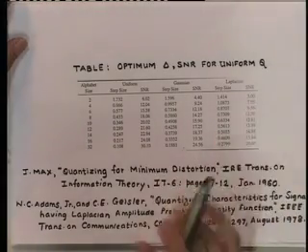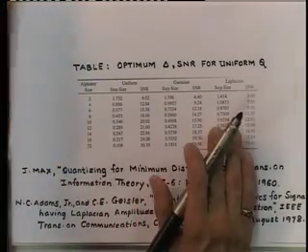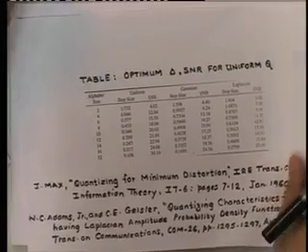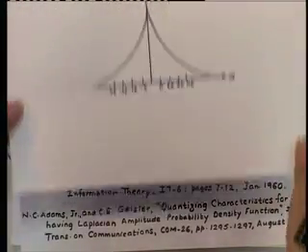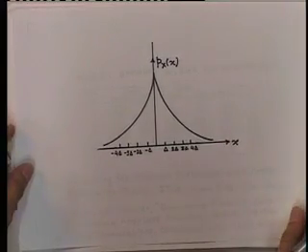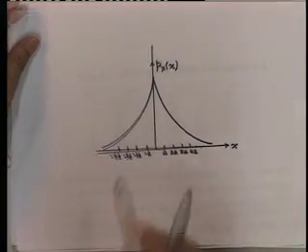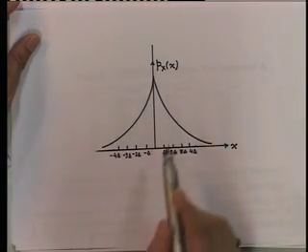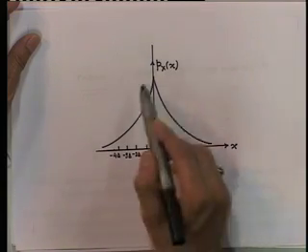We also concluded that the selection of the step size is a balance between the overload and granular noise. Now, this is a PDF for the Laplacian. The Laplacian PDF has more of its probability mass away from the origin in its tail than the Gaussian PDF.